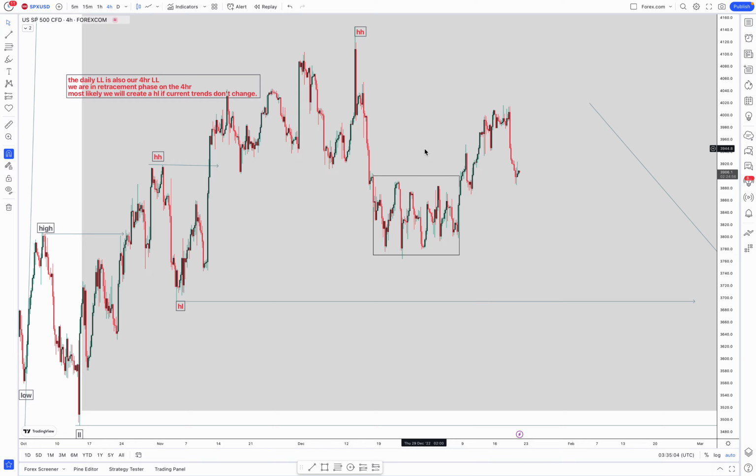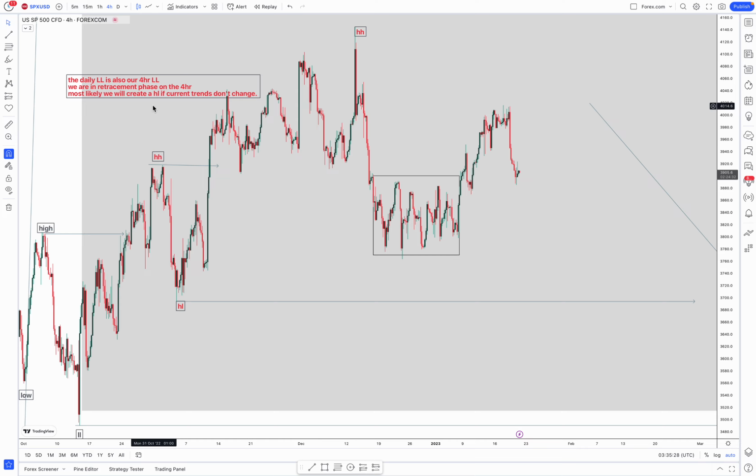So it's most likely we will be retracing, say, to these levels, etc. And this whole punch from up here down to here is a retracement, because the 4-hour is clearly bullish, as you can see. It's a retracement.